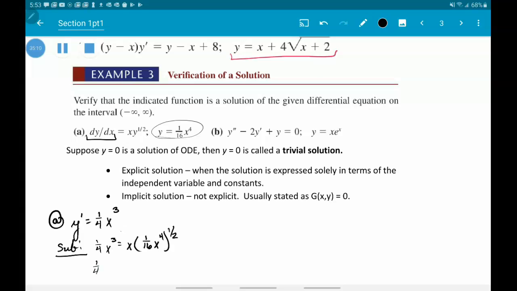We want to know, are these sides equal? So that's why I'm using the question mark over the equals, because we don't know that yet. If I take 1/16 x to the 4th to the 1/2, I'm going to get 1/4 x squared. And we can see that 1/4 x cubed will be equal to 1/4 x cubed. So we have verified that solution.